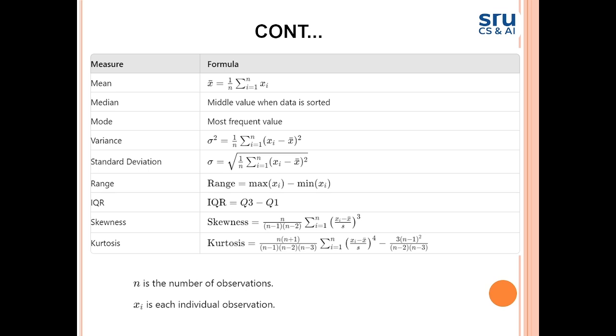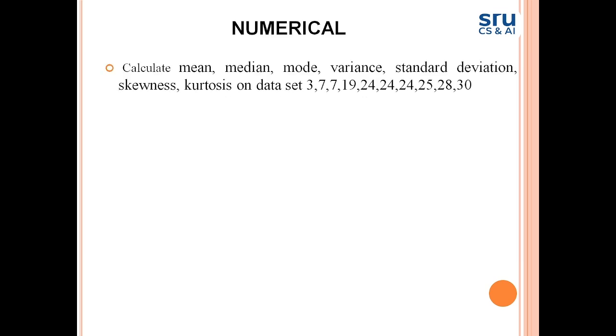Then skewness is given by this equation. We can use this for kurtosis. For kurtosis, we are using this equation where n is the number of observations, xi is each individual observation.